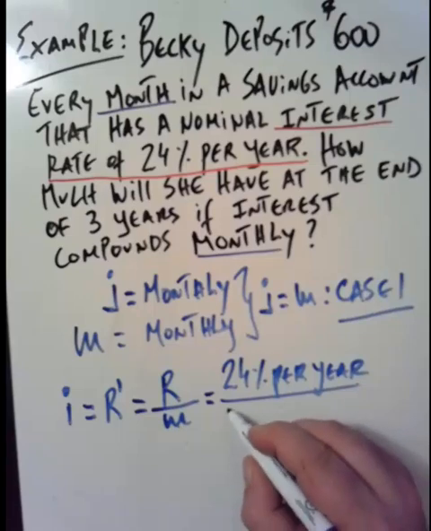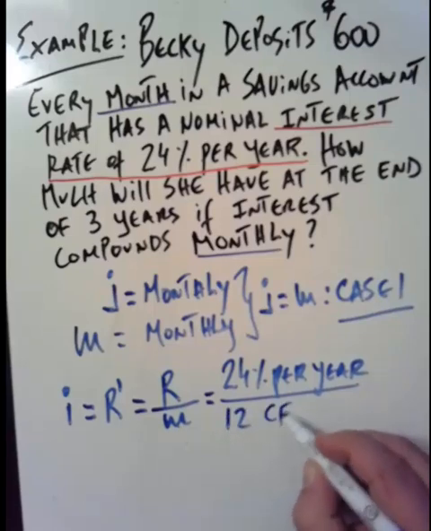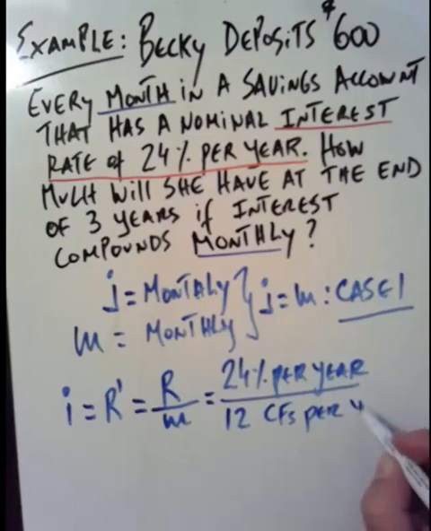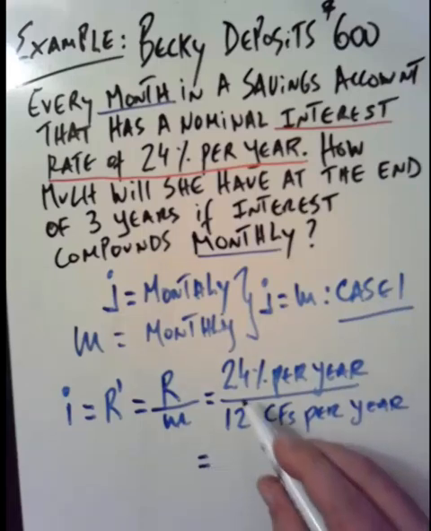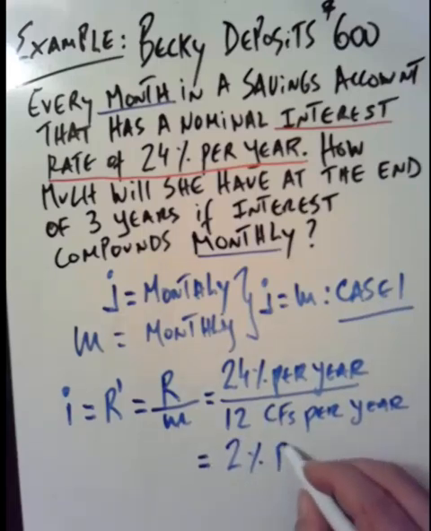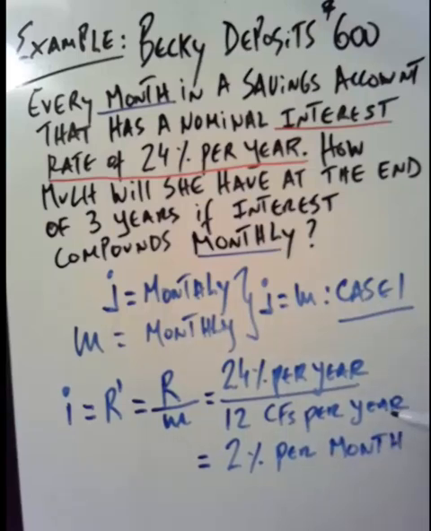Well, it's monthly, so there are 12 cash flows per year. So the interest rate is 2% per month. There are 12 monthly payments, so the frequency of the cash flow is monthly. We're dividing year per month, so the resulting unit is the one in the denominator, so per month. It's 24% per year, which means 2% per month.